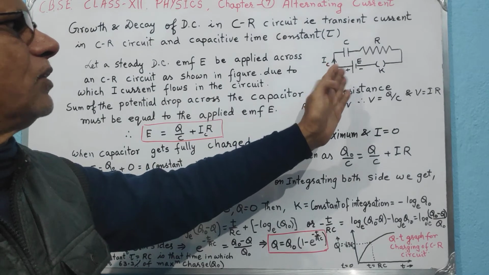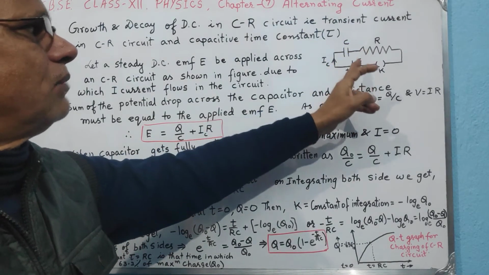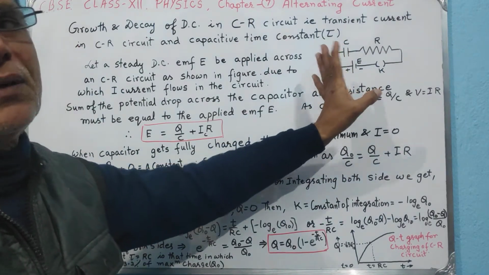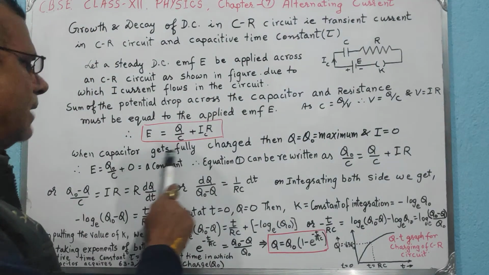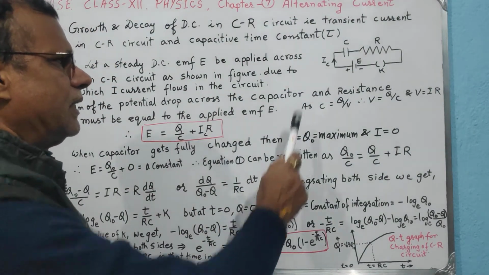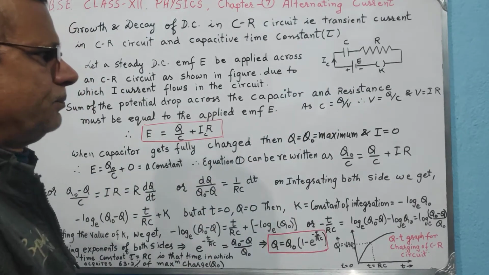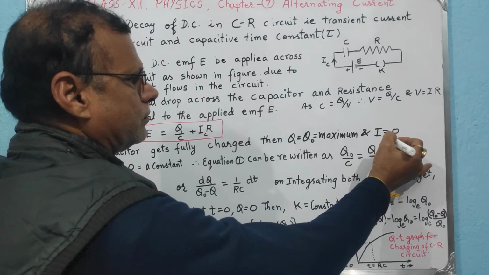This happens because when the potential drop across the capacitor becomes equal to the applied EMF, then the flow of charge stops. So when the capacitor gets fully charged, the total charge on the capacitor will be the maximum, and we call it Q0, and of course the current flowing will also be 0.